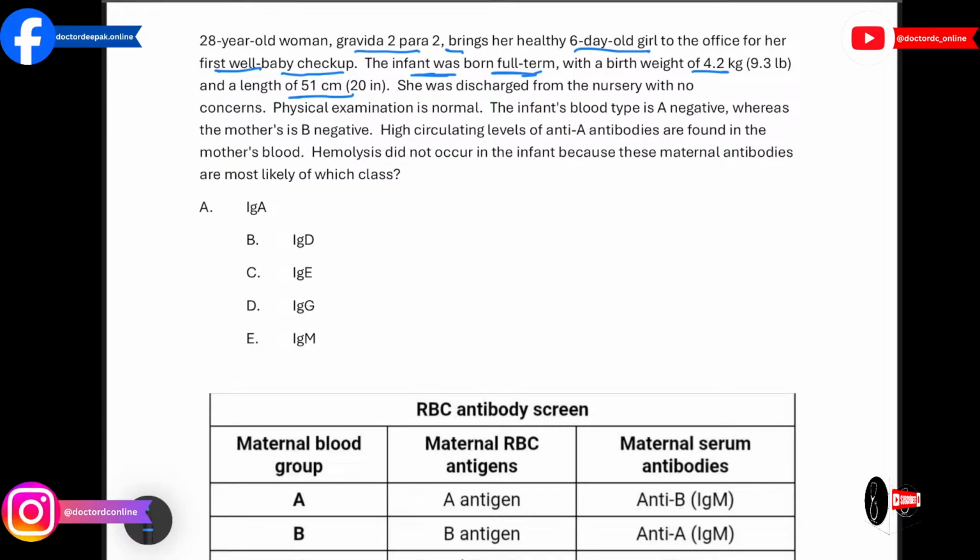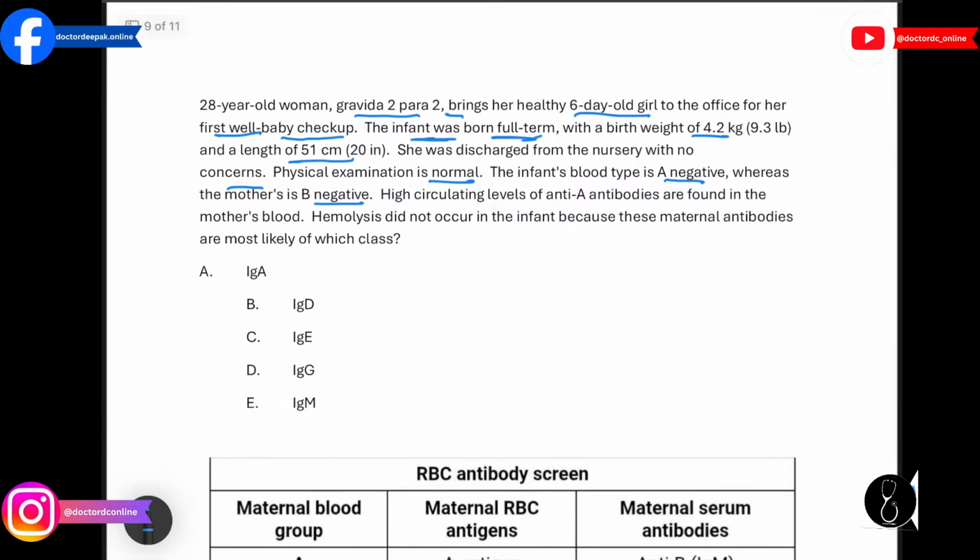She was discharged from the nursery with no concern. Physical examination is normal. The infant's blood type is A negative, whereas the mother is B negative. High circulating levels of anti-A antibody are found in the mother's blood.